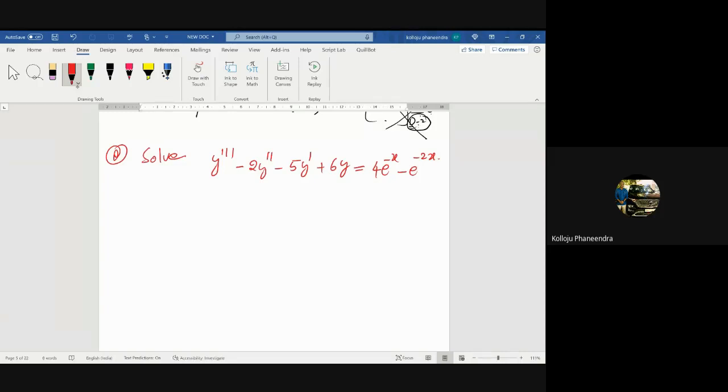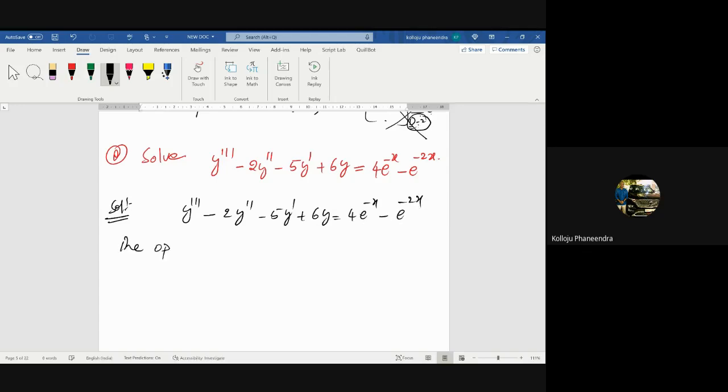Okay, now solution. What is the equation? Third derivative, double derivative, first derivative, and 6y equal to 4 e to the power of minus x, e to the power of minus 2x.